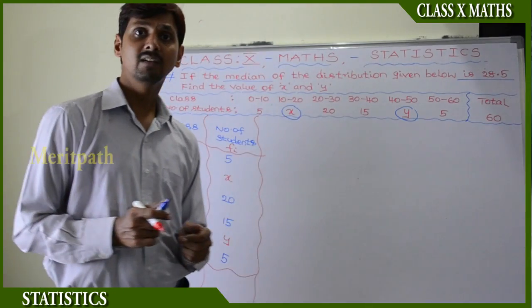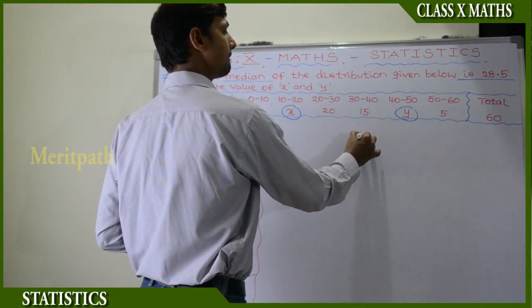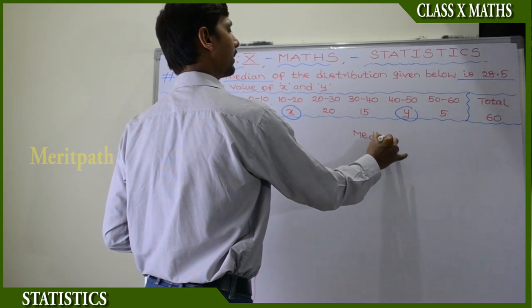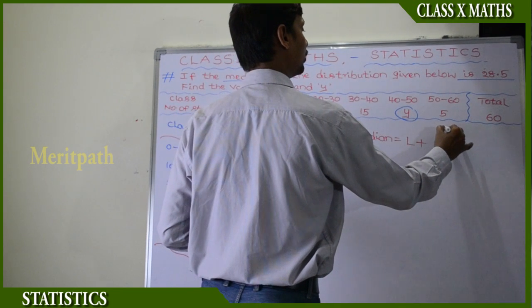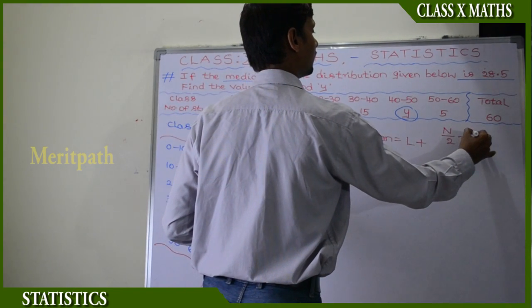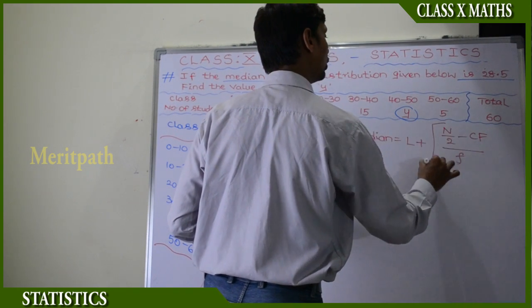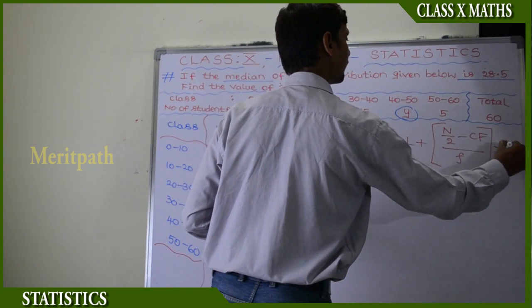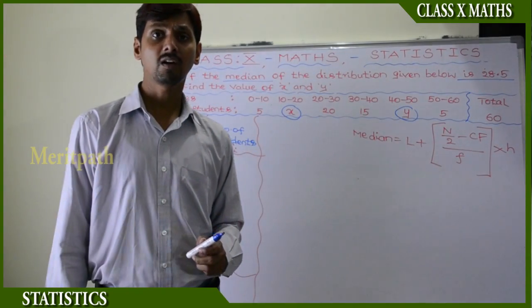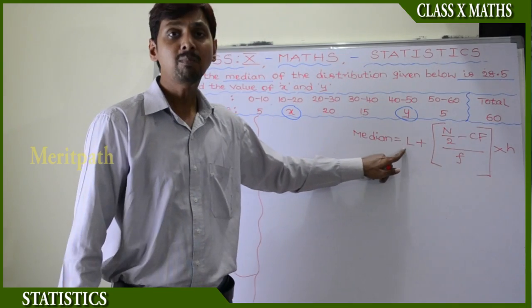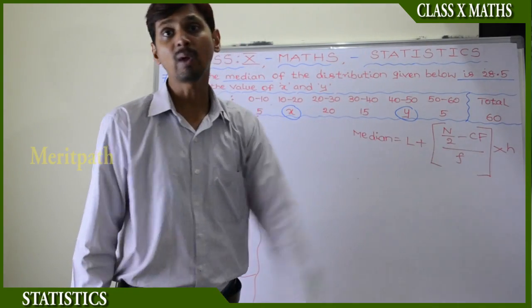Let's use the median formula for grouped data: median equals L plus n by 2 minus CF, divided by small f, into h.